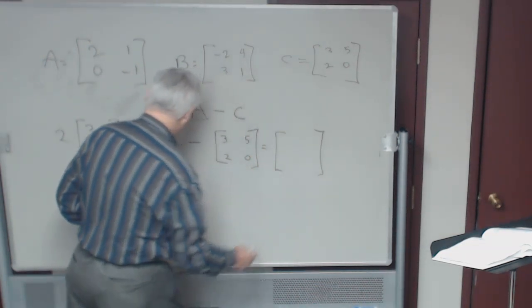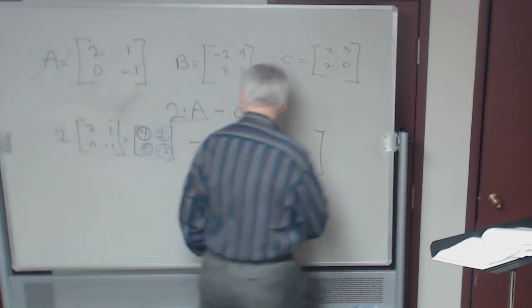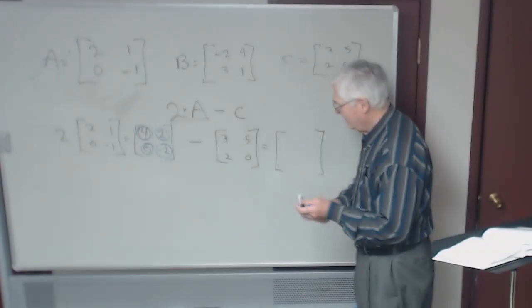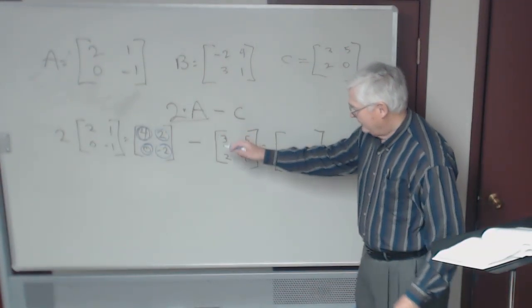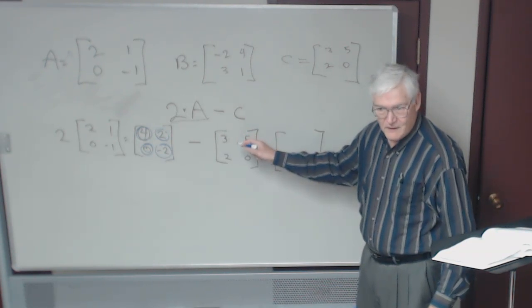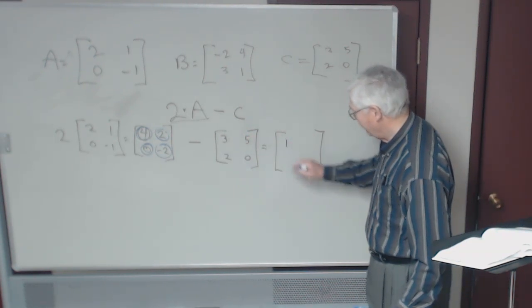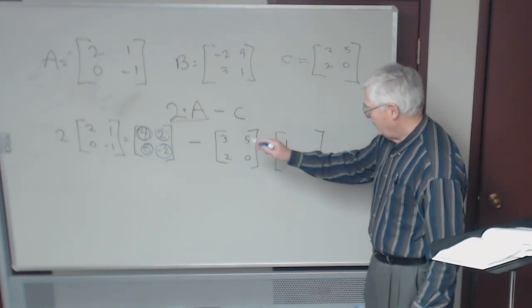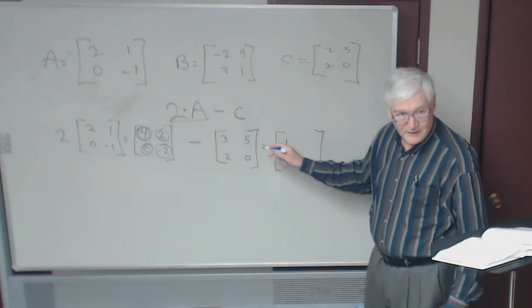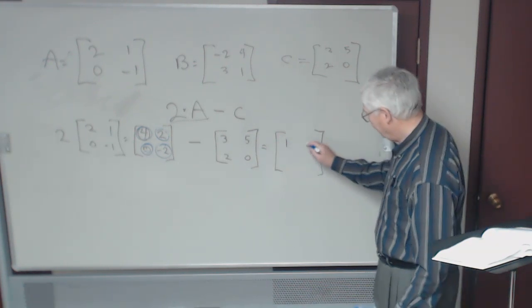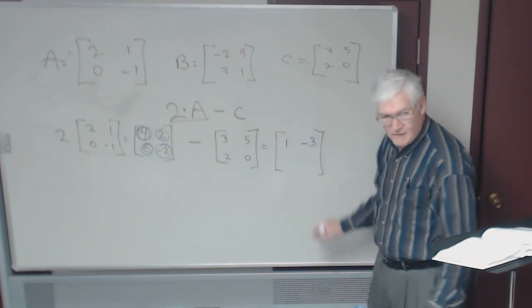And what's the answer? 4 minus what? 3 would be 1. 2 minus 5 would be negative 3. Everybody see what's going on?